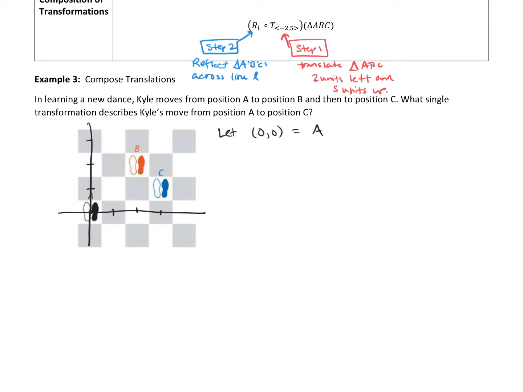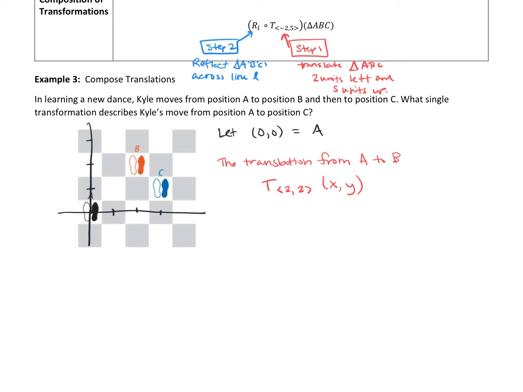So we're going to look at our first translation, the translation from A to B. From A to B, we go to the right 2, which would be a translation of positive 2 for the X, and then we're going up 2, so that would be a positive 2 for the Y of those coordinates X, Y.